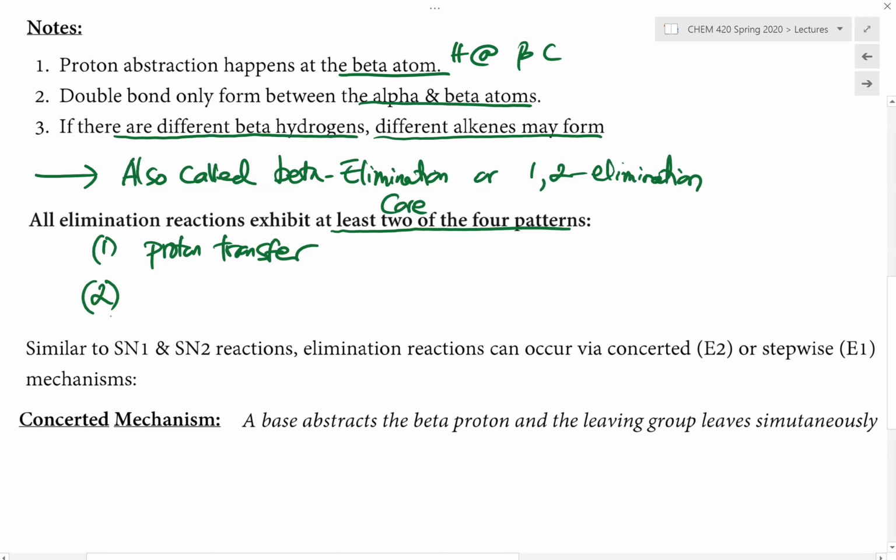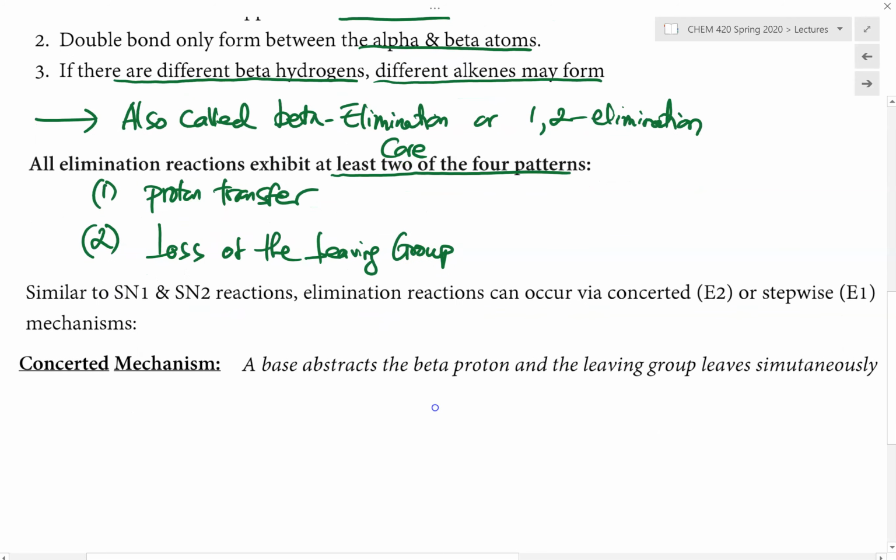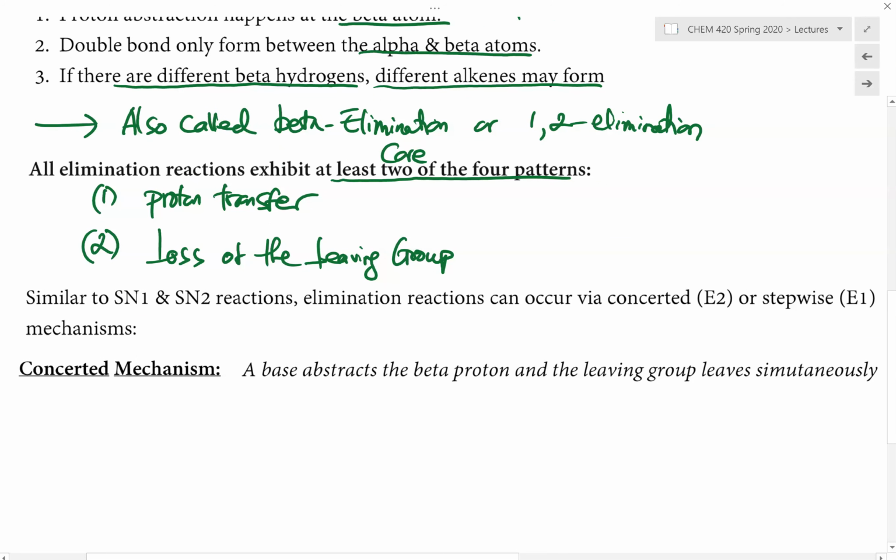And the second core step that must happen in elimination is the loss of the leaving group. This is very much similar to SN1 and SN2 reaction that we have seen already. And in fact, an elimination reaction can occur through either an E2 or an E1 reaction mechanism.